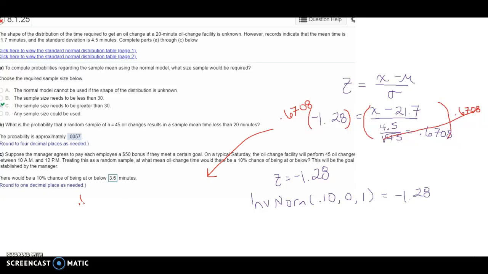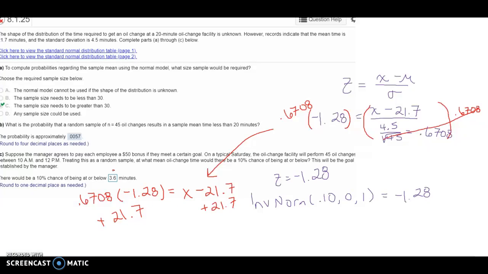So 0.6708 times negative 1.28. That should give you a negative product equals x minus 21.7. And then all you'd have to do from there is add 21.7.